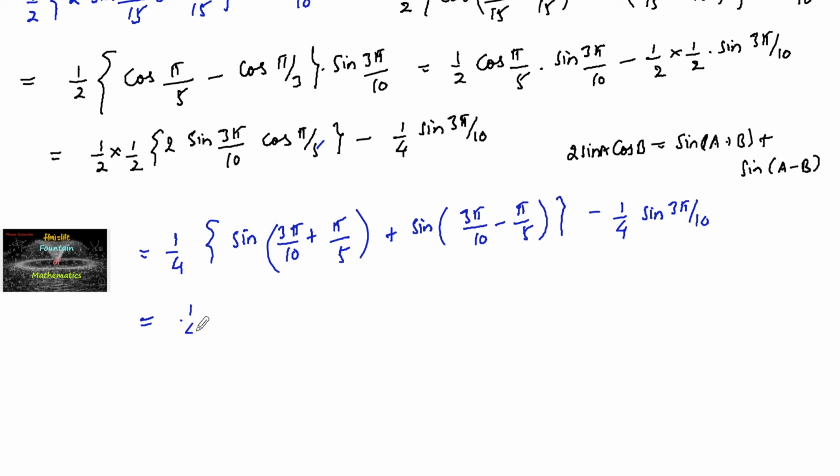So which equals 1 by 4 times sin of 3 pi by 10 plus pi by 5, that is 5 pi by 10, that's pi by 2. And again here sin of 3 pi minus 2 pi by 10, that is pi by 10, you will be getting, minus 1 by 4 sin 3 pi by 10.